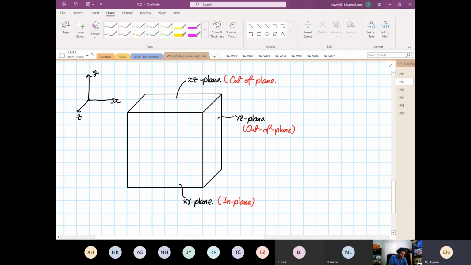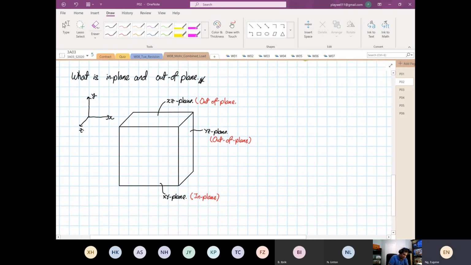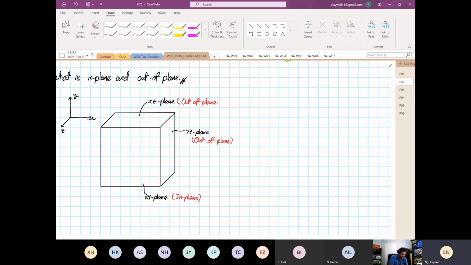Now I'm going to draw the same element but oriented in a different way. Again, the transformation axes are the same.